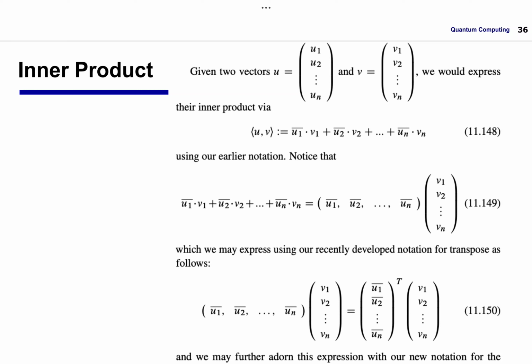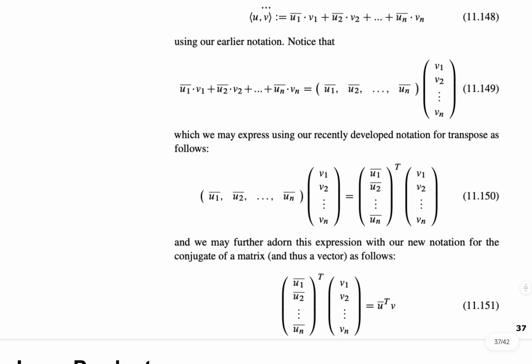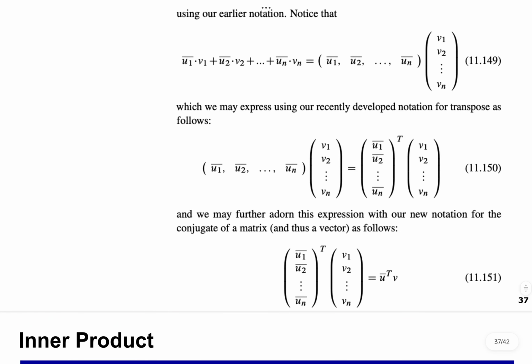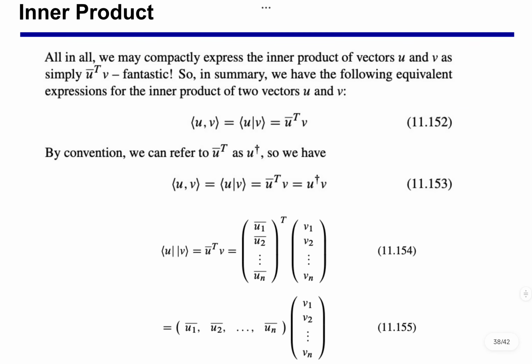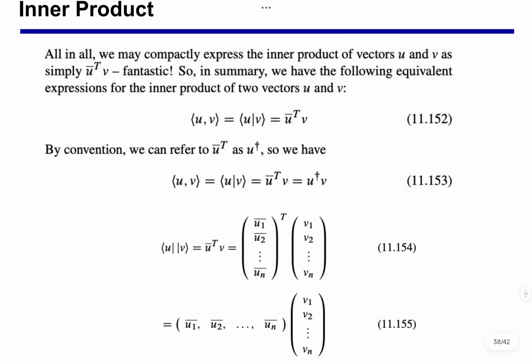These are rules which we may express using our recently developed notation for transpose as follows, and we must further adorn this expression with our new notation for conjugate. Then there is the inner product.